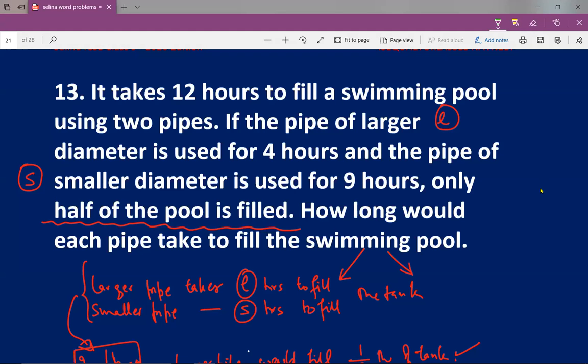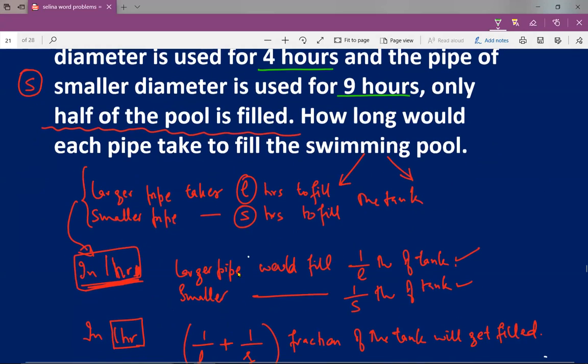Now let us focus on the second line. If the pipe of larger diameter is used for 4 hours and the pipe of smaller diameter is used for 9 hours, let us focus on these. Now see, for larger diameter, in 1 hour, the larger pipe would fill 1/L of the tank.